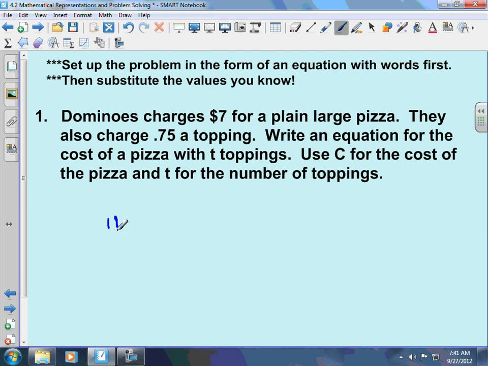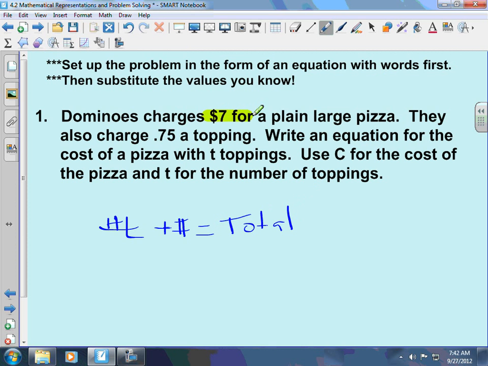You're going to have a number with a letter, I'm sorry, my writing's a little off. I can use my mouse. A number with a letter plus a number by itself, and that's going to equal your total. Now, we're not going to solve this. We're just going to set up basically a formula. So let's look at this.